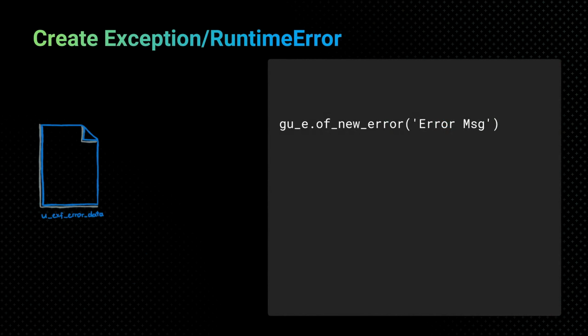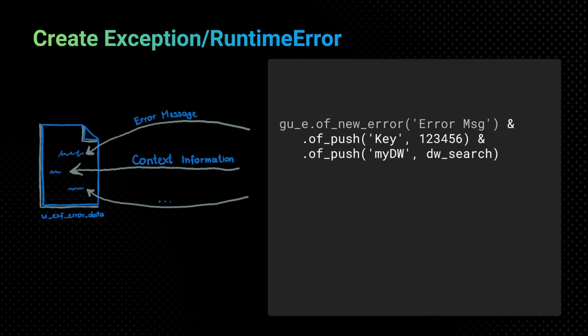The exception framework comes with a new variable, the GU_E, which provides several functions. One of them is OFNewError. With OFNewError, you can create a new error data object, in this case with the error message. You can also add additional information into a key value store.